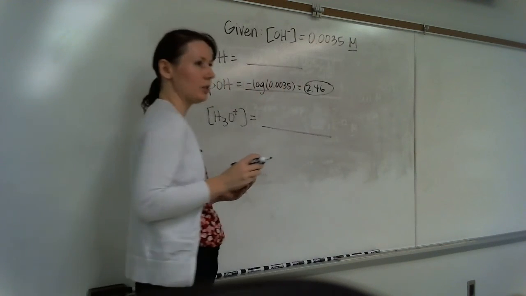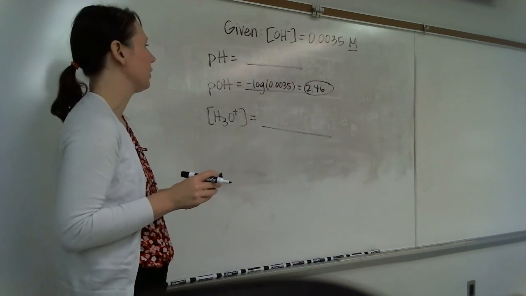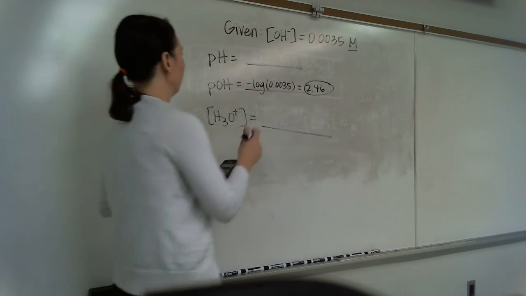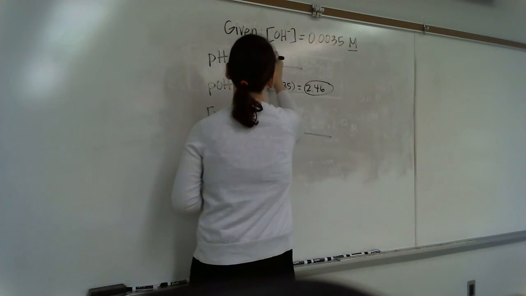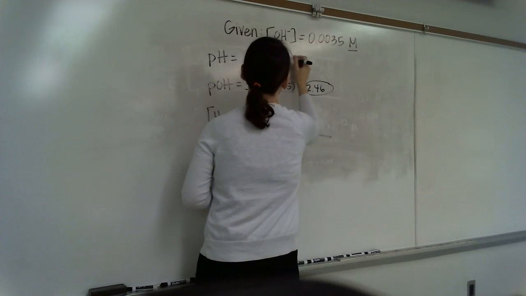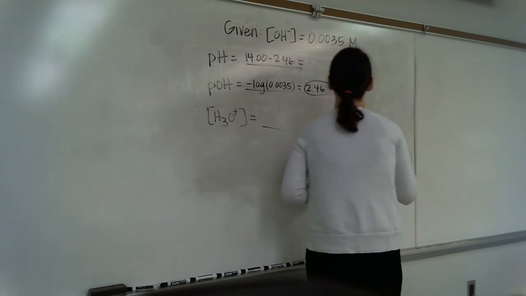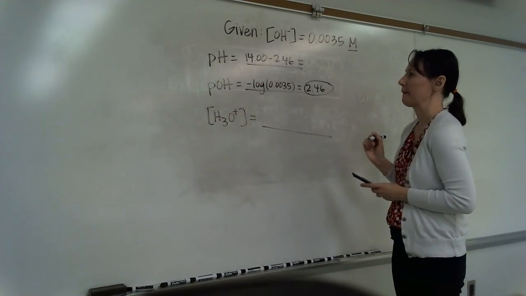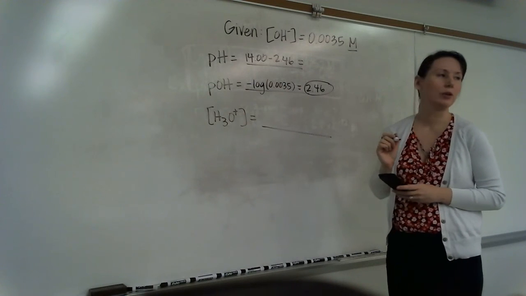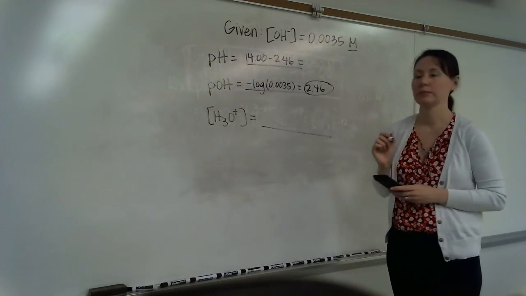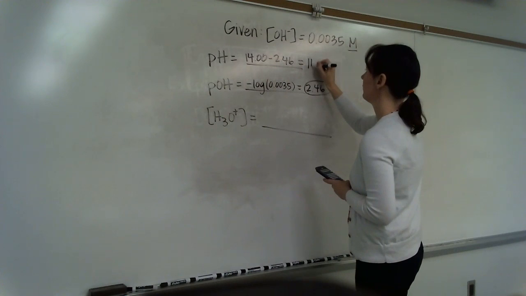Now can I get pH? How do I get pH? Right, 14 minus 2.46. So what's that? What do you get when you do that subtraction? Okay.